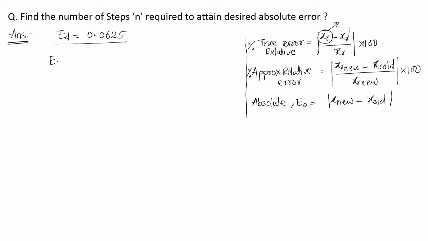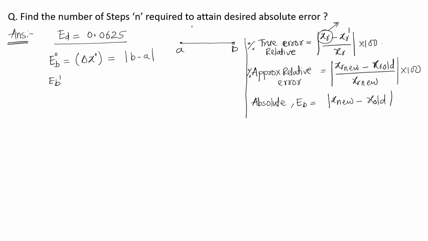Suppose at the first iteration the error is delta x naught, which is the difference b minus a. Suppose this is a and b.